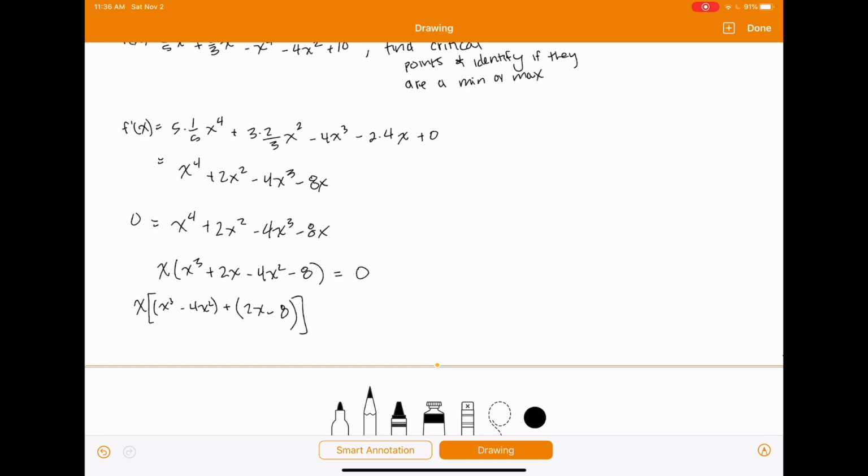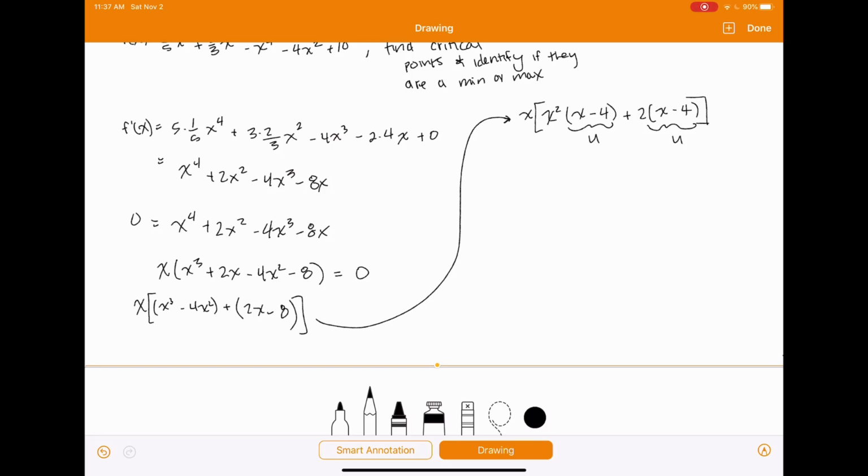Okay, and then once I do that, I can go ahead and pull other stuff out of these. I'm going to bring this up here. So we're going to get x times x squared times x minus 4 plus 2 times x minus 4. Now once we reach this point, since x minus 4 is a like term in both of them, we can treat that as like a u.